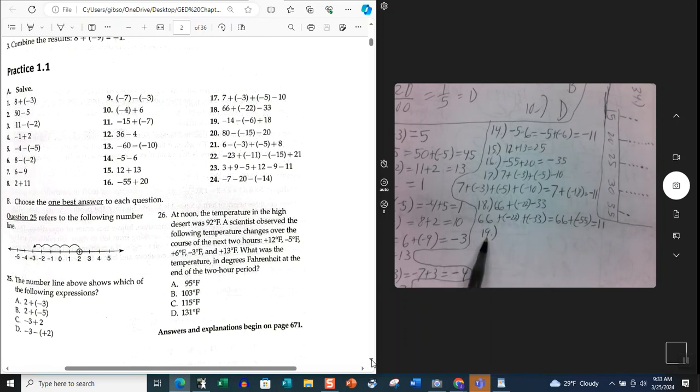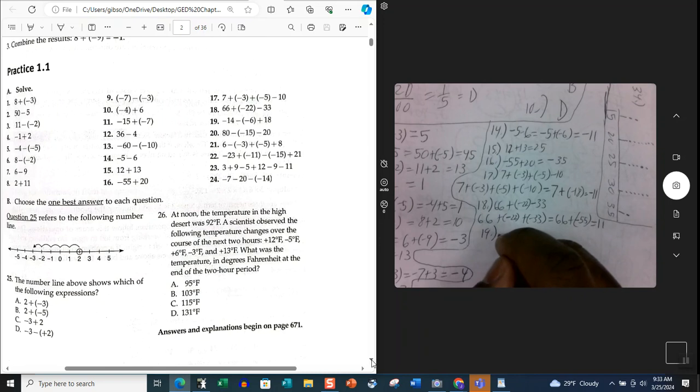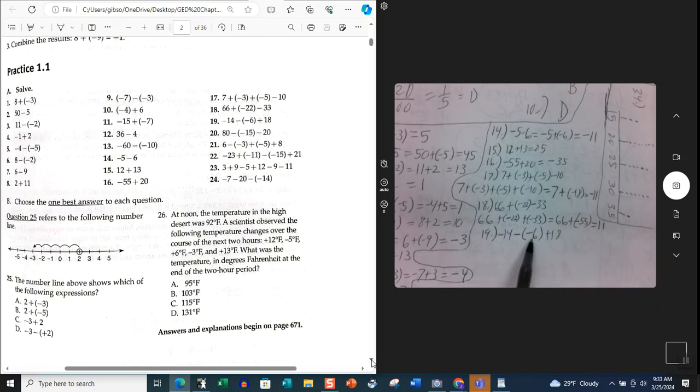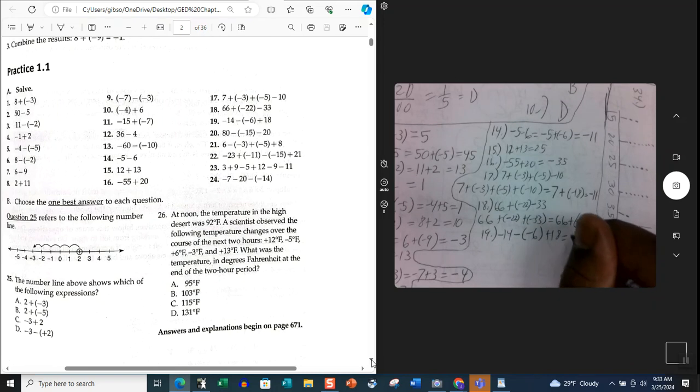Okay, problem 19. We have negative 14 minus a negative 6 plus 18. So now we have to change this minus a negative 6. So it'd be negative 14 plus 6 plus 18.